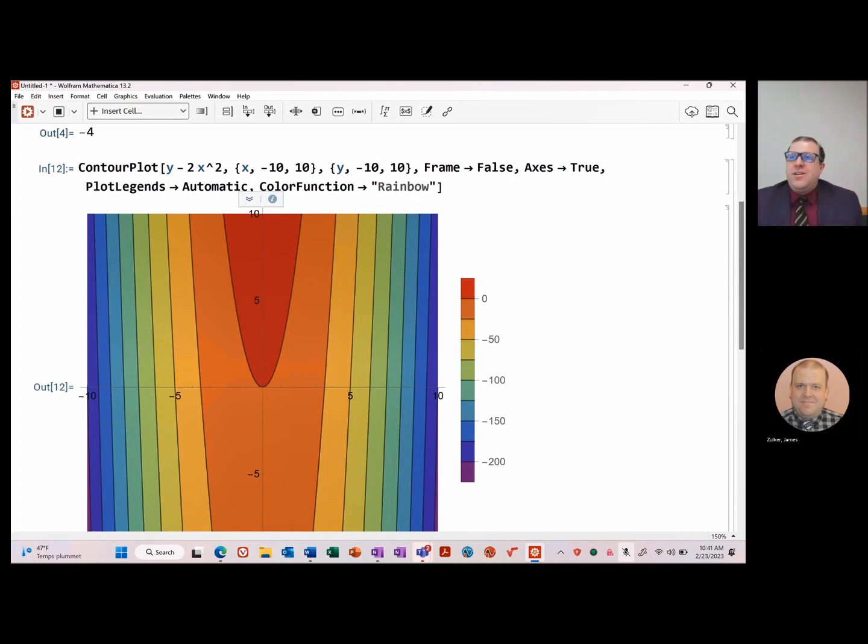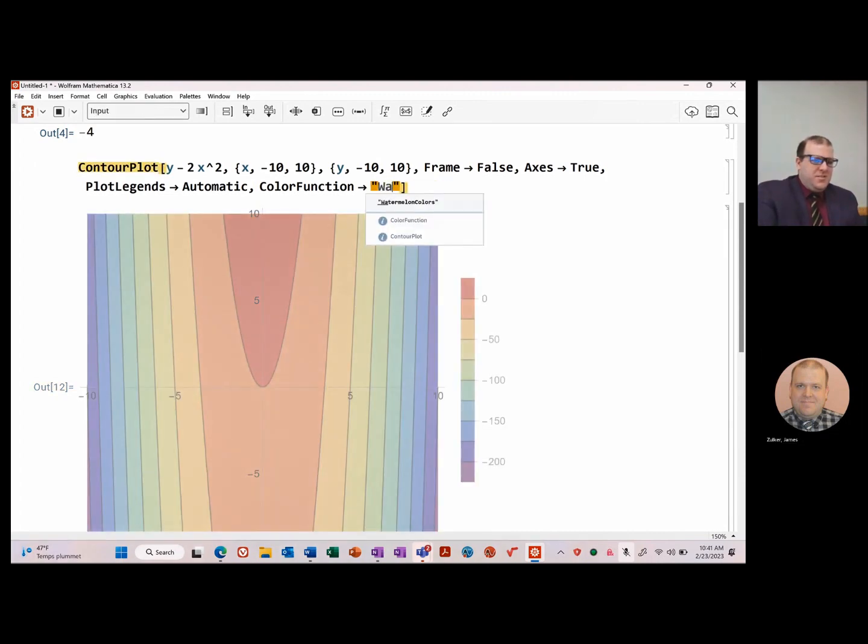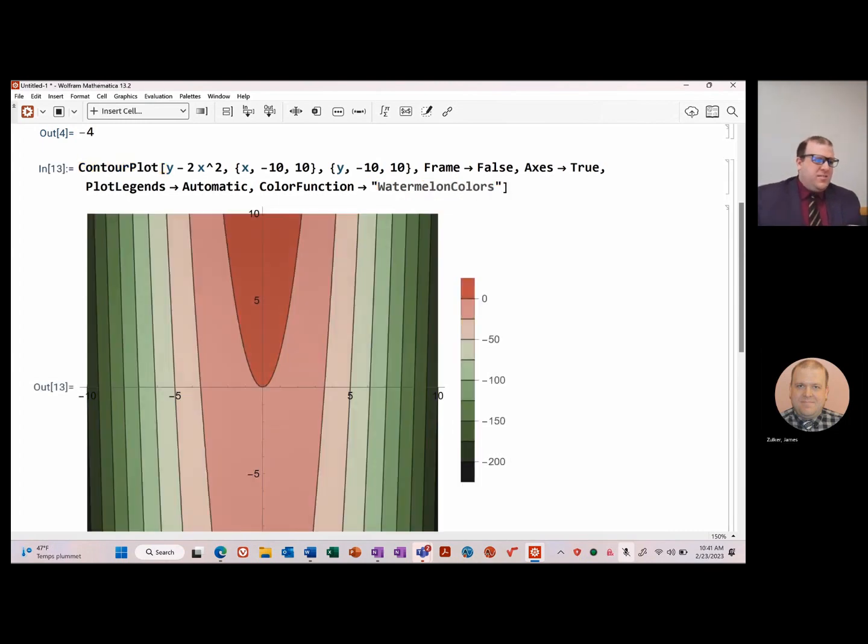And that's not the only gradient that they have. I mean, they have quite a bit. I think one of them is watermelon colors. Yeah, there it is. That's when you can really have some fun with this. I know they have neon colors.